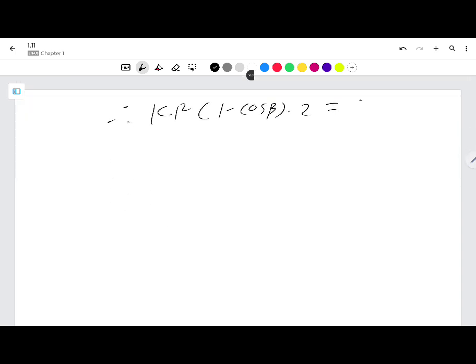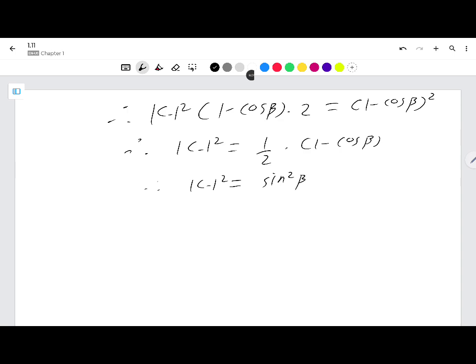Again, just write it as 1 minus cos beta whole square, which is 1 by 2 times 1 minus cos beta, which is 2 sin square beta by 2 whole square.